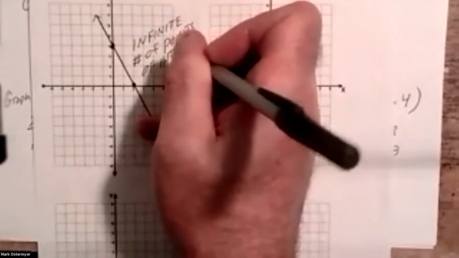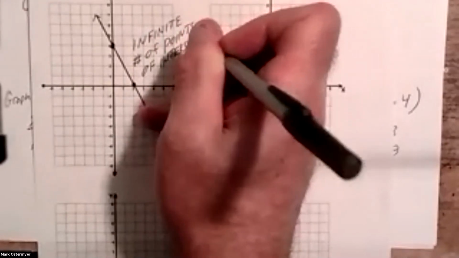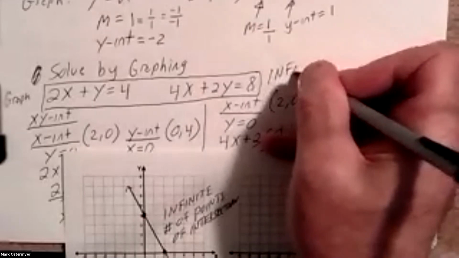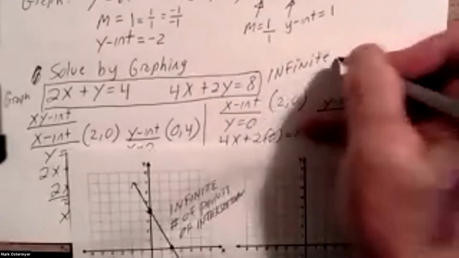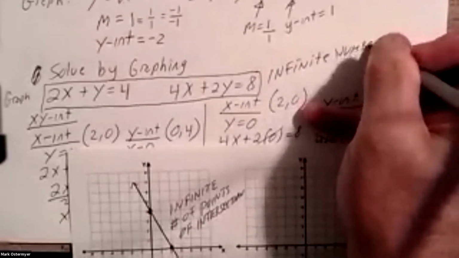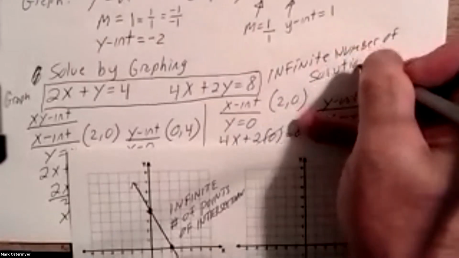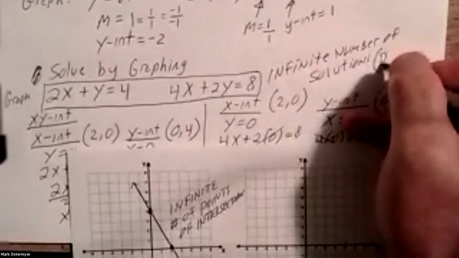And because there's an infinite number of points of intersection, we say that this system of 2 linear equations and 2 unknowns has an infinite number of ordered pair solutions. Infinite number of solutions. We call this a dependent system.